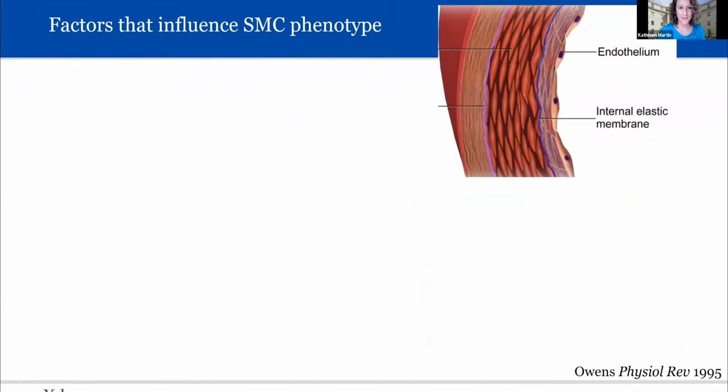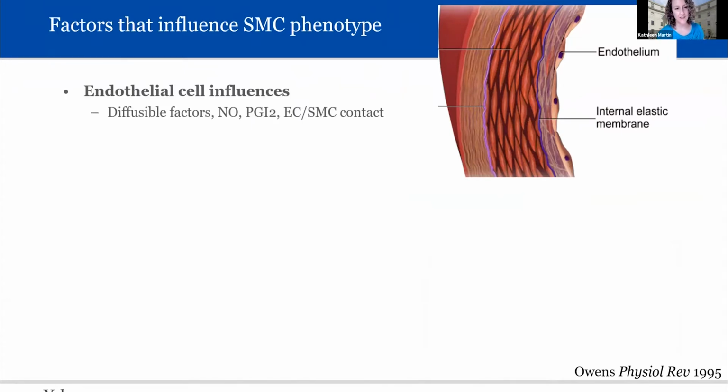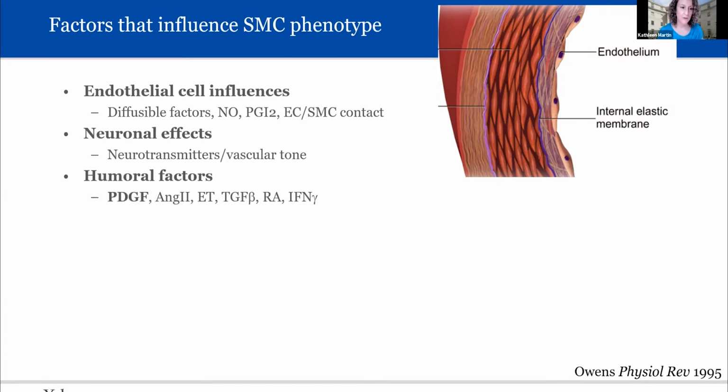There are many factors that influence smooth muscle phenotype under both normal and pathologic conditions. These include the health of the endothelium and the diffusible factors it secretes, such as NO and prostacyclin, inputs from neurotransmitters that influence vascular tone, and circulating factors, including platelet-derived growth factor, which is the main one we'll hear a lot about today, that initiates lesions in the intimal hyperplasia scenario.